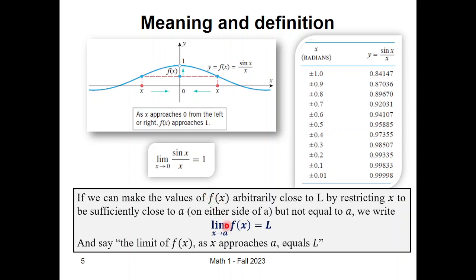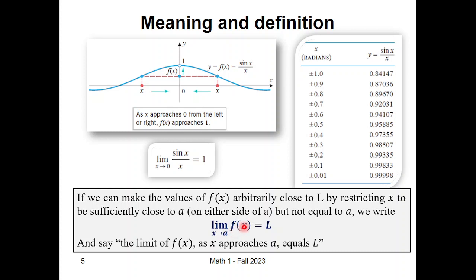We say that the limit of some function f of x equals L when x tends to a, and this means we can make this function very close to L by making the independent variable x very close to a.